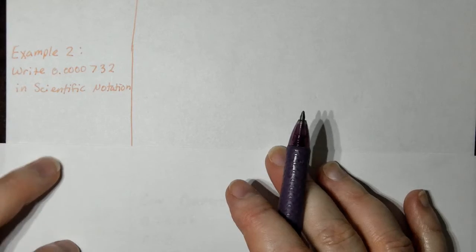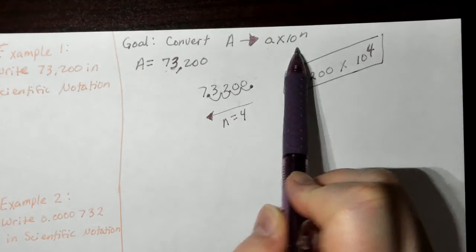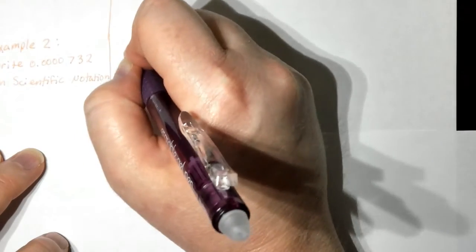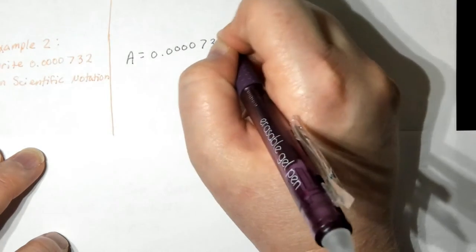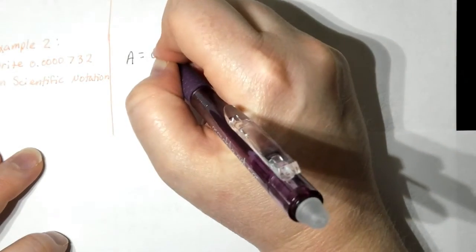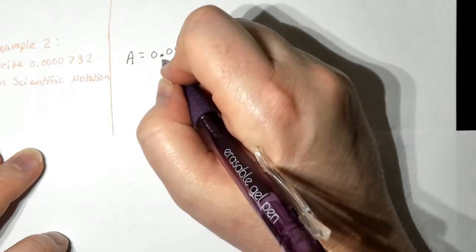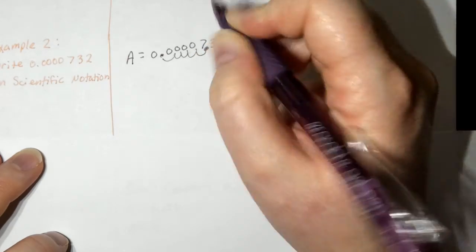Well, my goal, again, is to convert a into a times 10 to the n. So I'm going to write down my a equals 0.000732. Well, I already have a decimal place, so I'm going to move that decimal place 1, 2, 3, 4, 5 times.